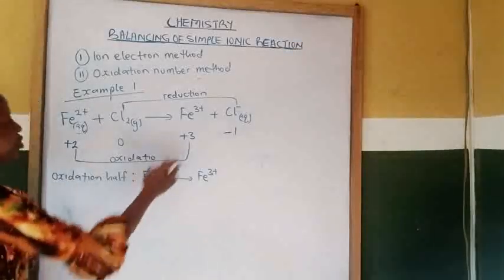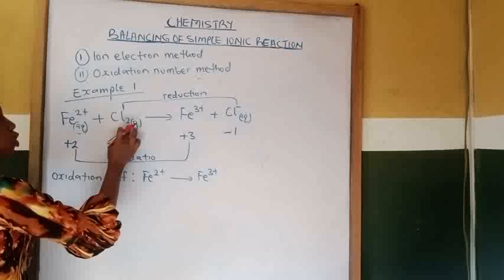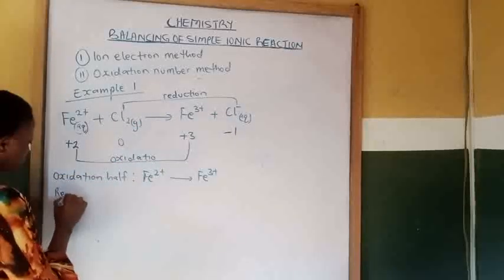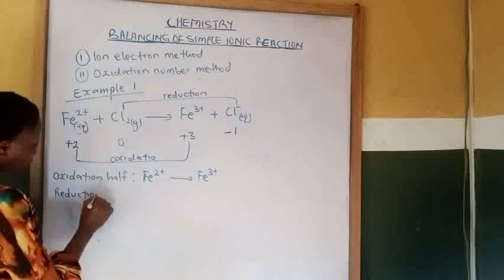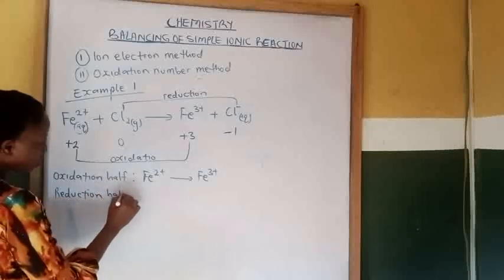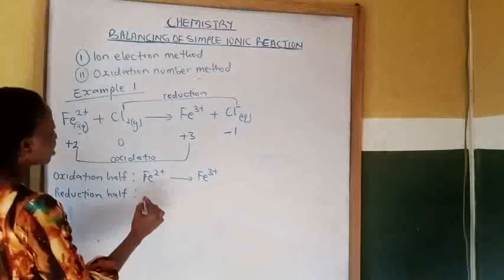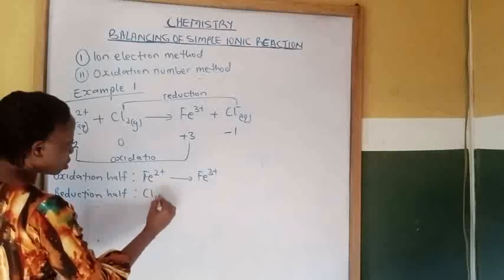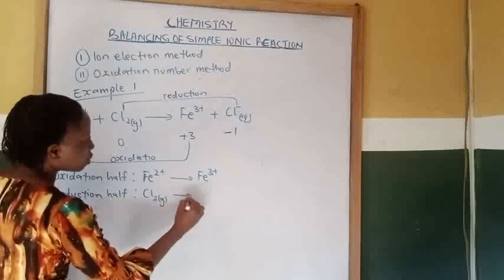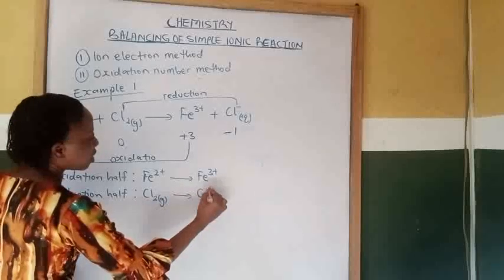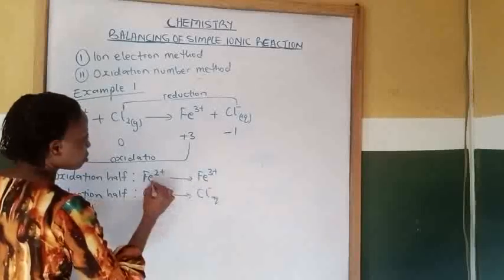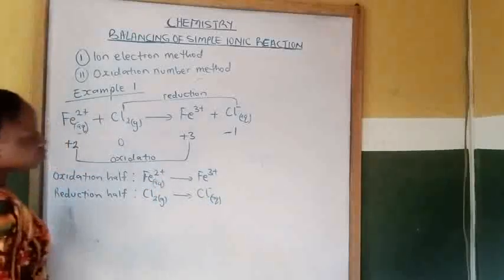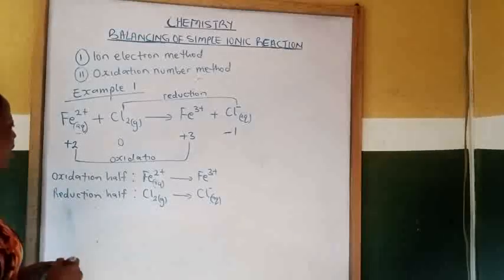The reduction half is from chlorine molecule to chlorine ion, that is from Cl2 to Cl minus.